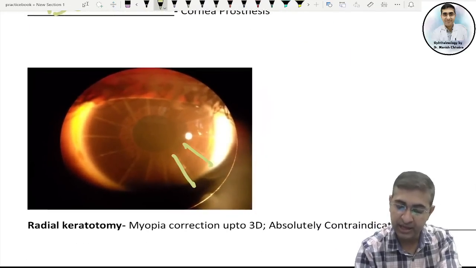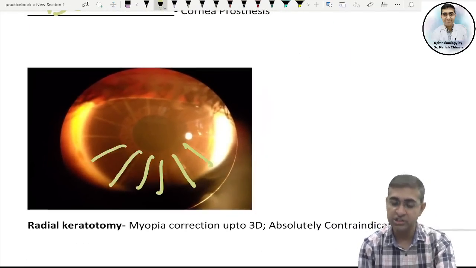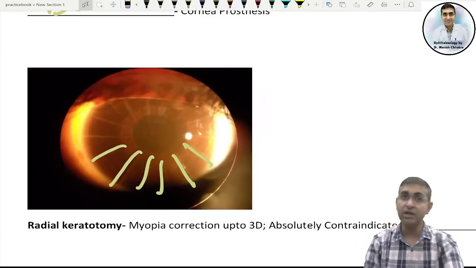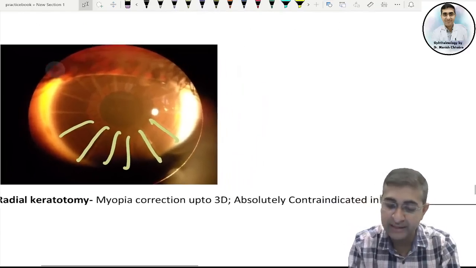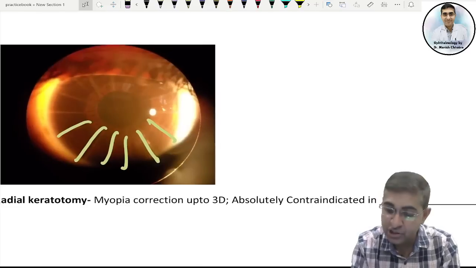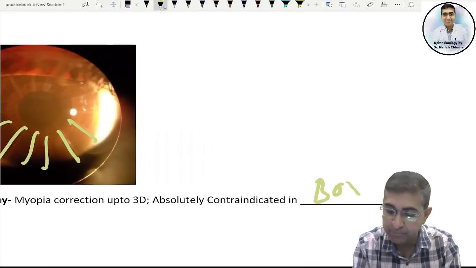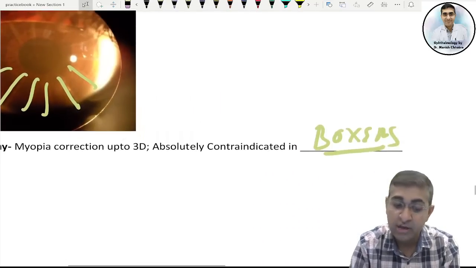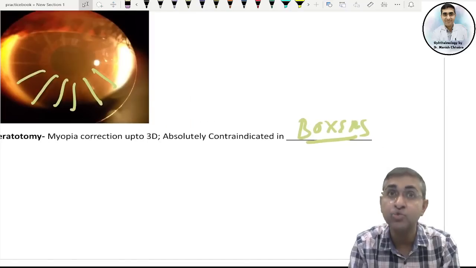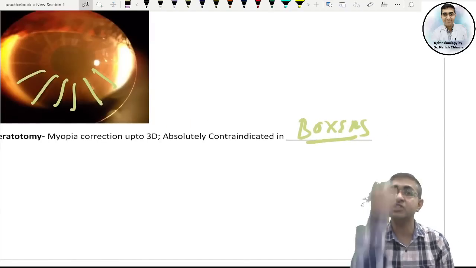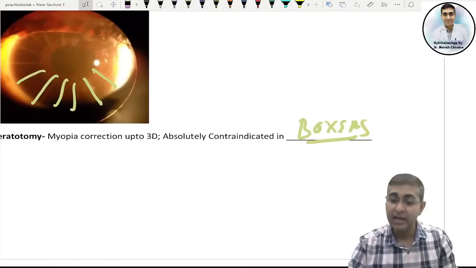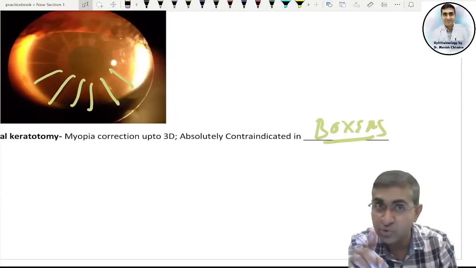Okay, and what is this? This is radial keratotomy which is done. You can actually see this is my real patient. So radial keratotomy done, but the question which was asked in your INICET exam is, it is absolutely contraindicated in which patients? Boxers, because post radial keratotomy it leads to thinning of the cornea, and even a single punch can lead to corneal rupture. So that is absolutely contraindicated.